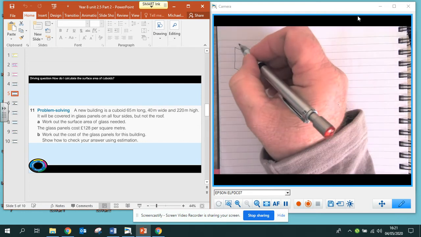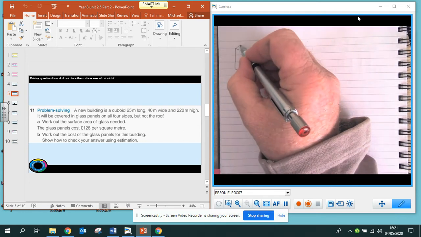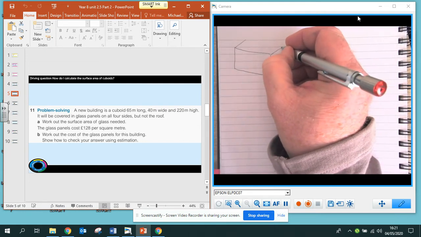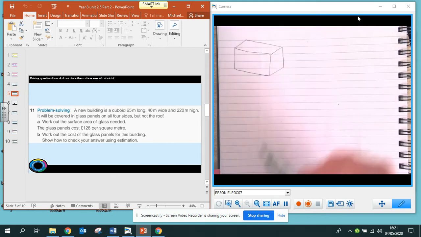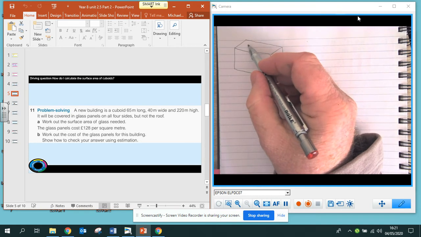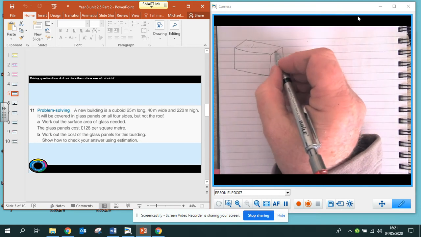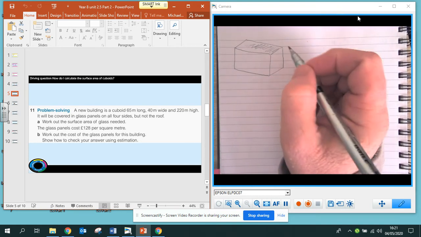We've got a building that sort of looks a bit like that. I know there's no doors in it, it's not much of a building. I'm not that concerned about the area of the roof, because the roof has got roof materials on.